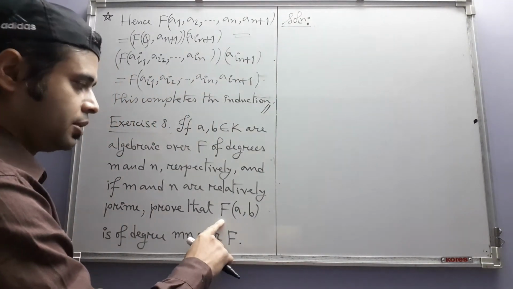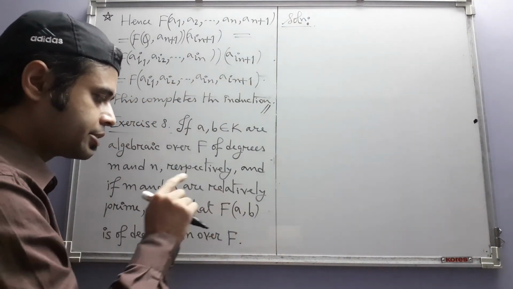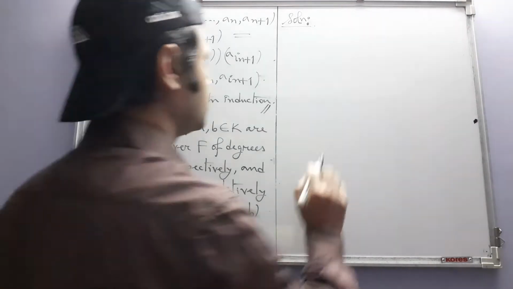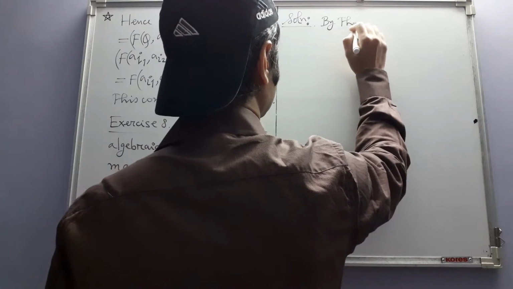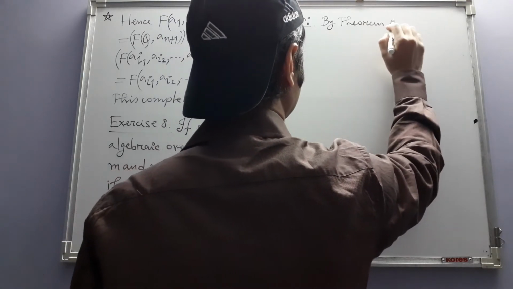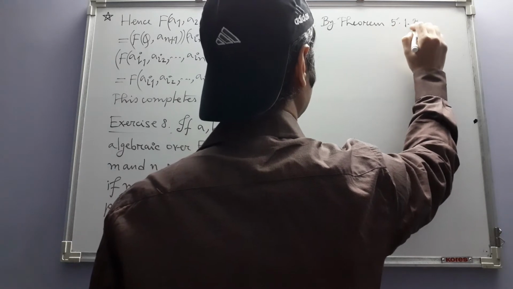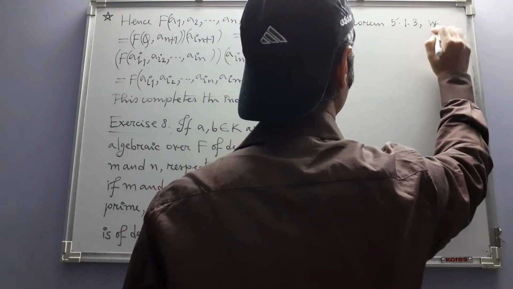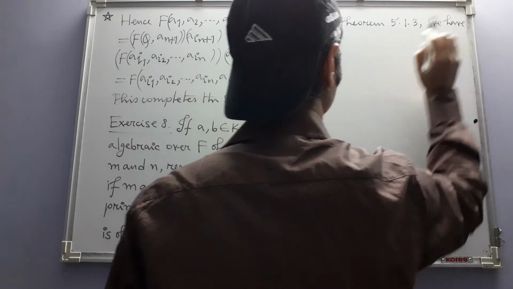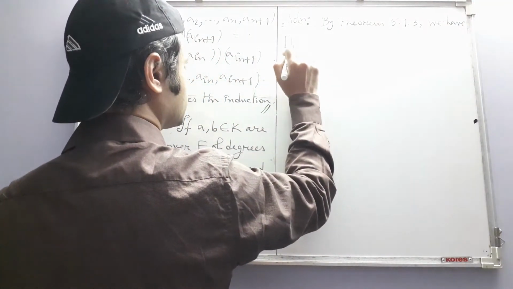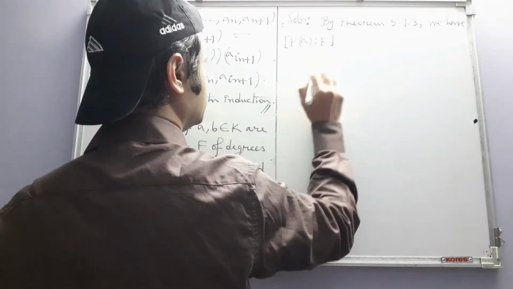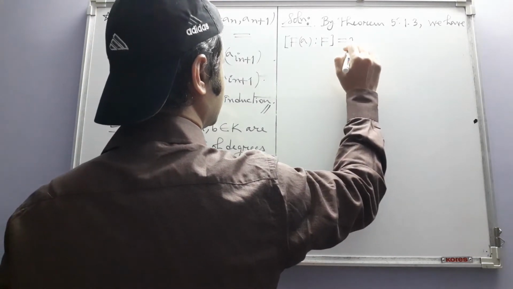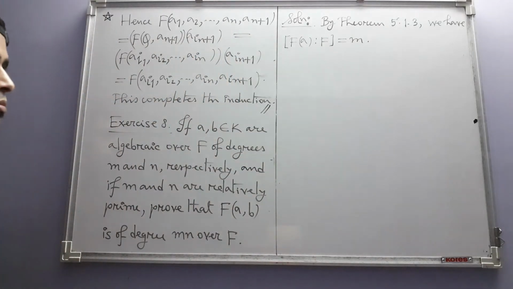So we start by considering the extension that we obtain when we adjoin just a to F. By theorem 513, we know that the degree of F(a) over F is equal to m.